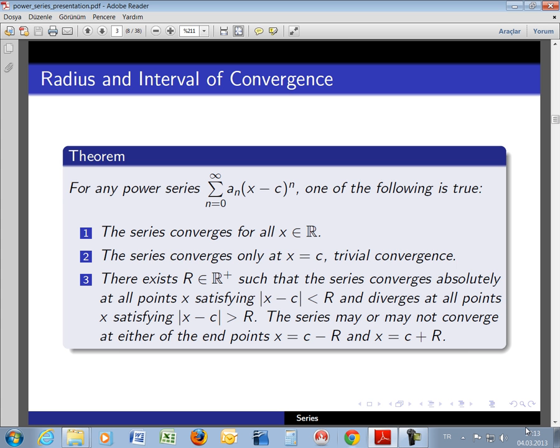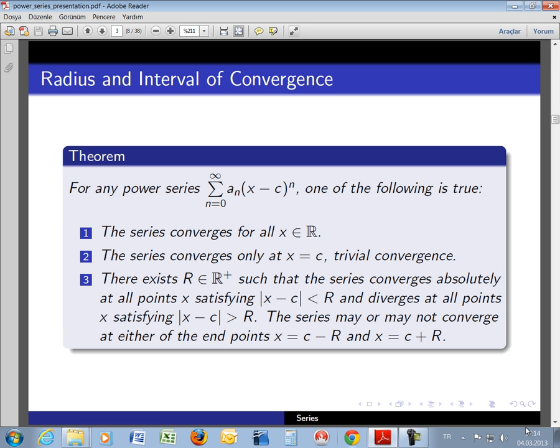Or the third one, there may be an interval (c minus r, c plus r), which is given here as absolute value of x minus c less than r, and the series converges absolutely for every x satisfying this inequality, and other cases are also mentioned here.